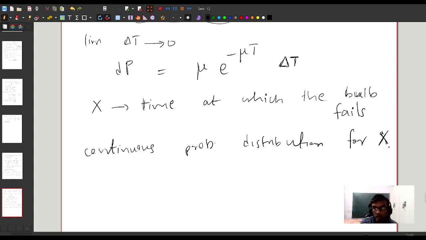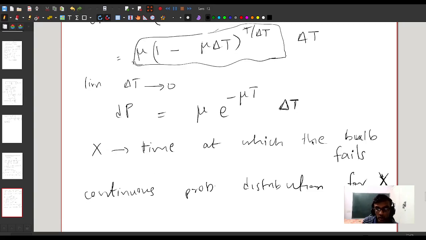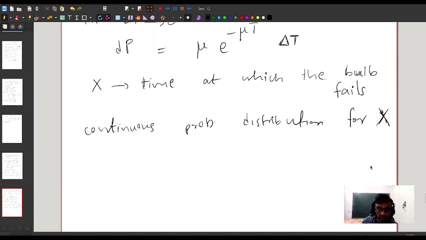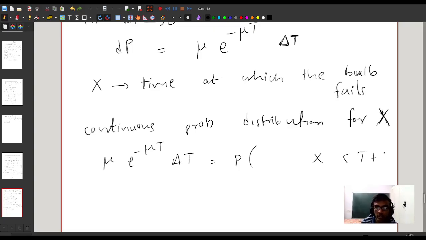What we calculated just now, the probability that the bulb fails between t and t plus delta t, is exactly equal to the probability that x is between t and t plus delta t.